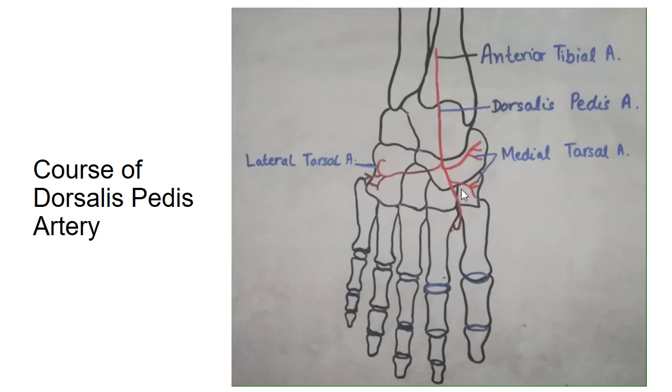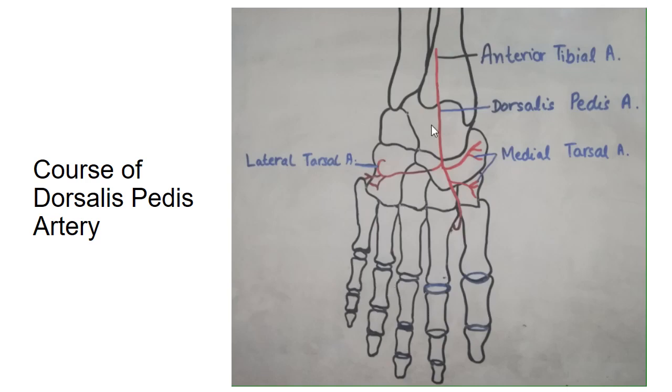This is the medial cuneiform, intermediate cuneiform, and lateral cuneiform. These are the metatarsal bones. This is the intermetatarsal space, which you know is the space between two metatarsal bones. These are the phalanges. We have two phalanges in the big toe and three phalanges in the rest of the four toes.